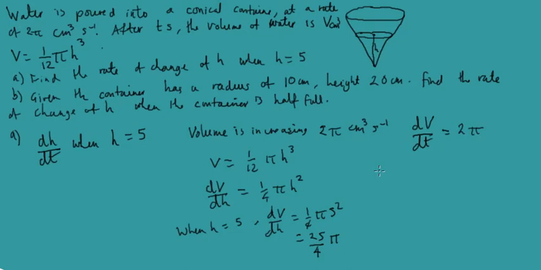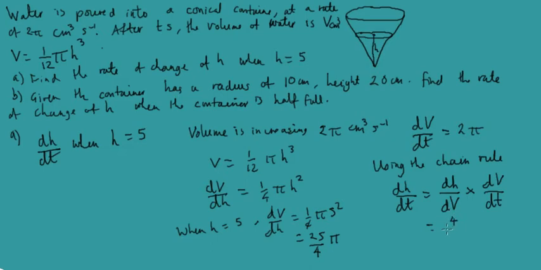Now, using the chain rule, dh by dt is dh by dV times dV by dt. We know what dV by dh is, 25 over 4 pi, but we want dh by dV, so we're going to invert this.